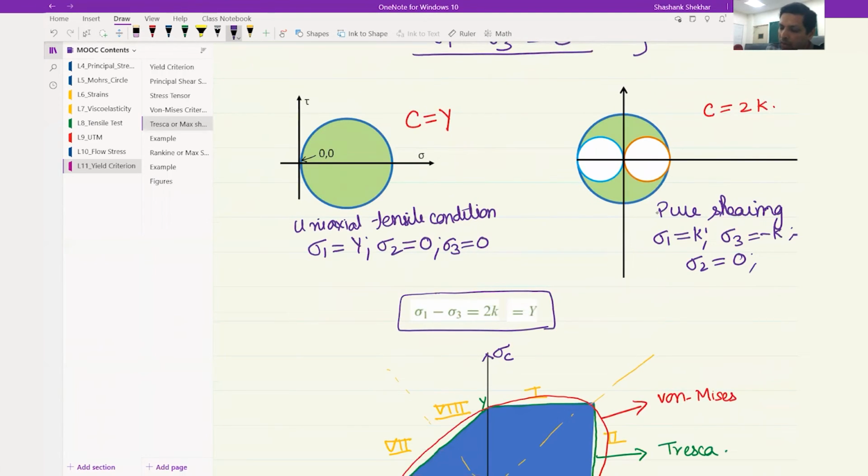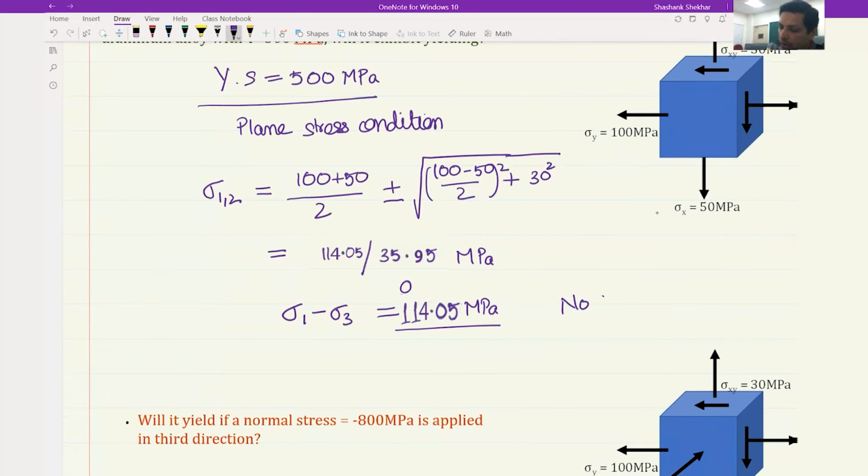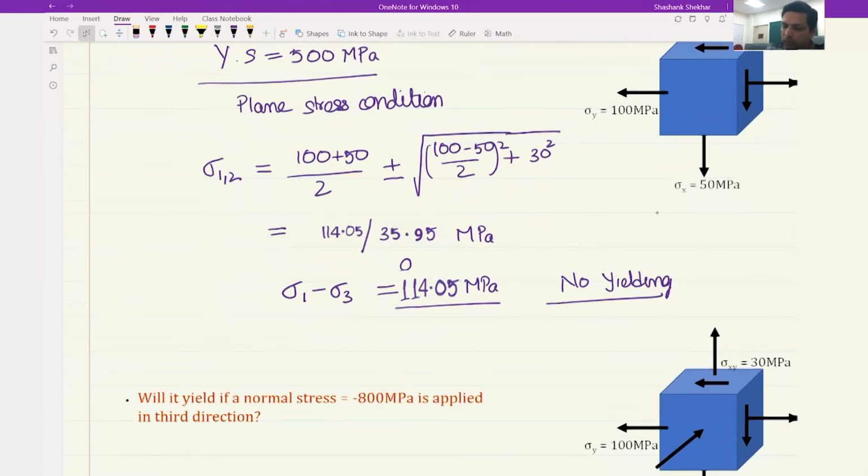So if sigma 1 minus sigma 3 is equal to y or greater than y, then yielding takes place. If it is less than y, then no yielding takes place. So we will go back and look at what is the value of sigma 1 minus sigma 3. And this is clearly much lower than yield strength. So no yielding takes place. So this is what you are asked, will it exhibit yielding? So no, it will not exhibit yielding.